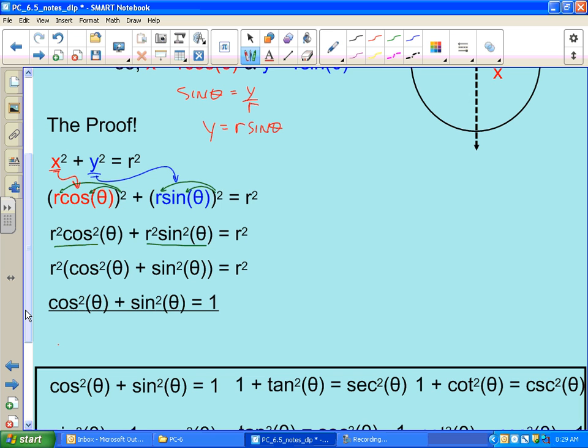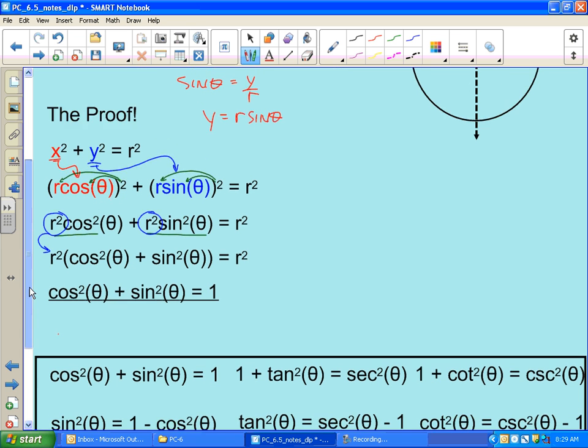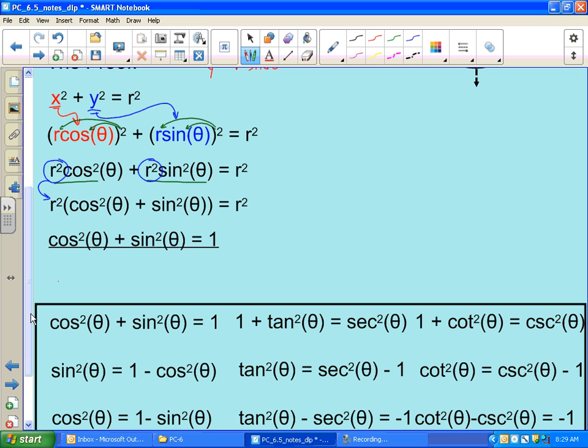And then from there we can see that both of those terms have a GCF of r squared, so we pull that out in front, left with an r squared times a cosine squared plus a sine squared. Then we take that line and divide out our r squareds, and we get our Pythagorean identity. Cosine squared plus sine squared equals 1.